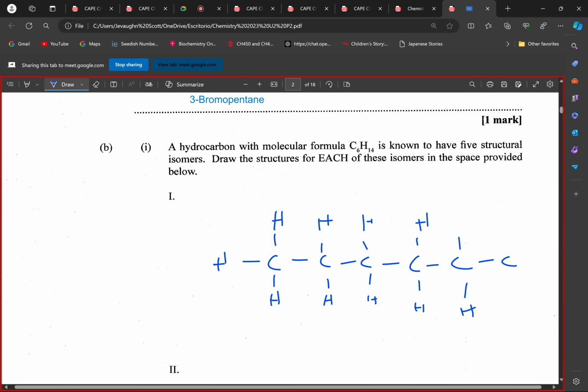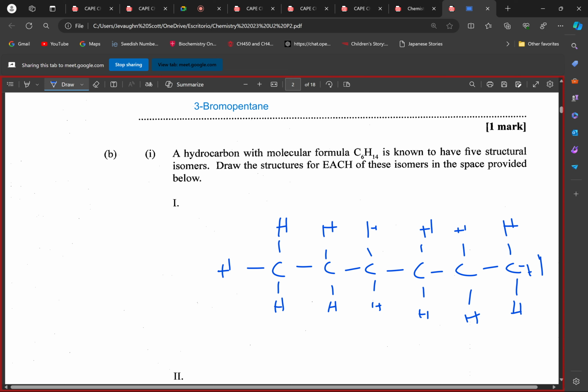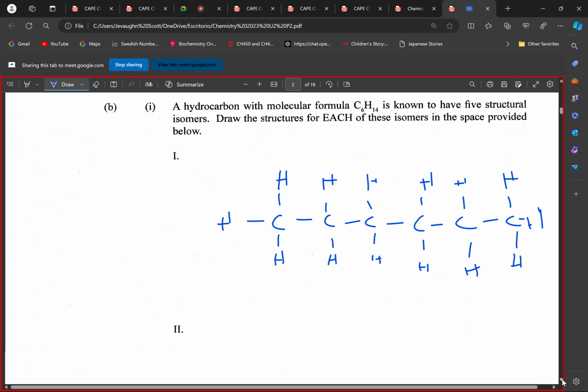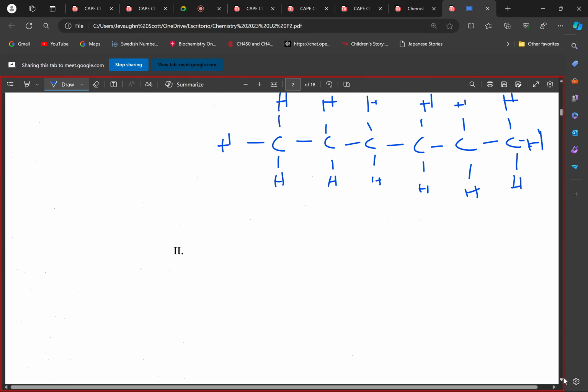Just draw it here like this in its chain form. Meaning in its regular form, this molecule is C6H14. This is an isomer, right? Yes, sir. Alright, so that's one down. Alright, next one now. Let's change it up a bit.